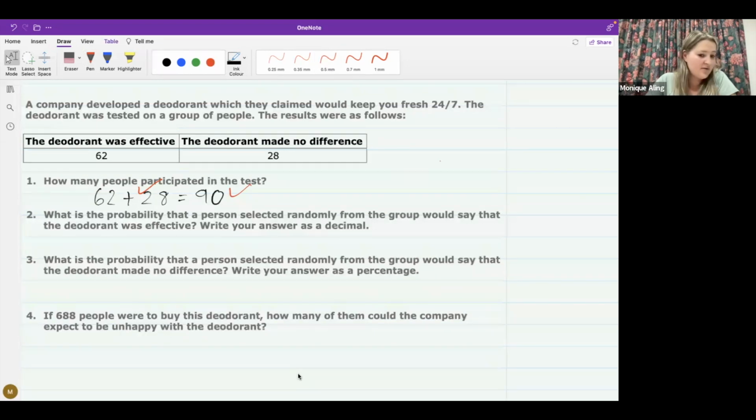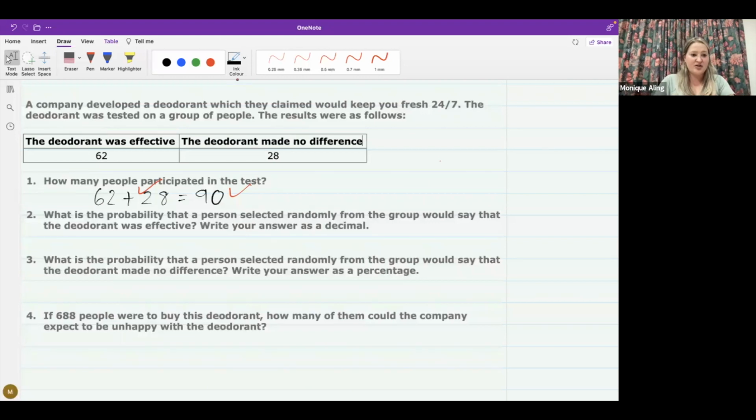Okay, question 2. I'm getting all the answers jumbled up.